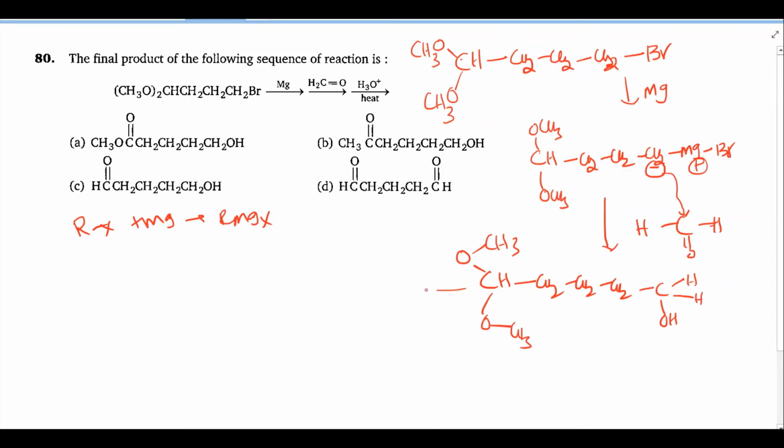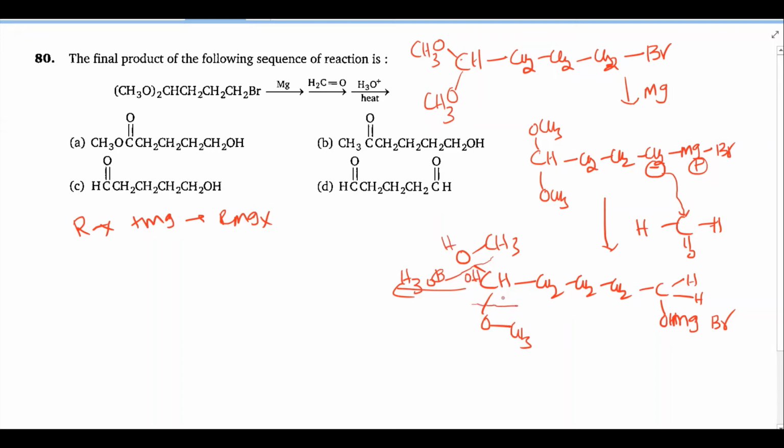After that, hydrolysis. Whenever you do hydrolysis, what will happen here? This is OMgBr. After hydrolysis, this bond is going to break: here H is added, here OH is added.